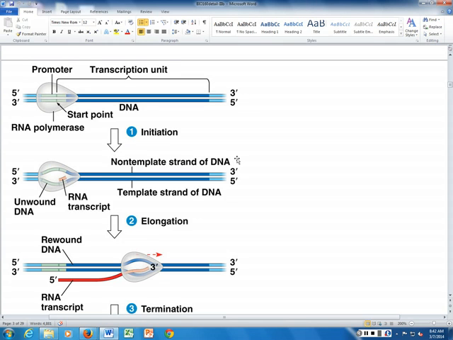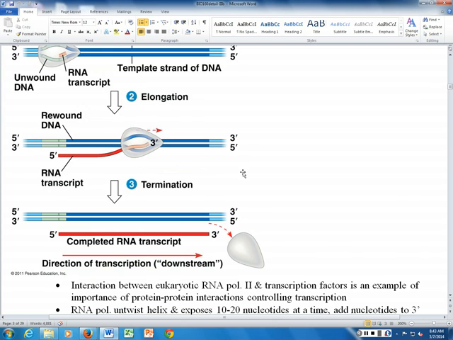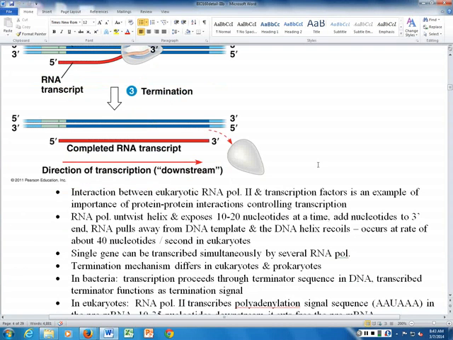As the RNA polymerase moves along, it's going to continue adding on to the 3' end of the transcript until it gets to the end. The RNA polymerase leaves to be recycled, and then you've got your completed RNA transcript.